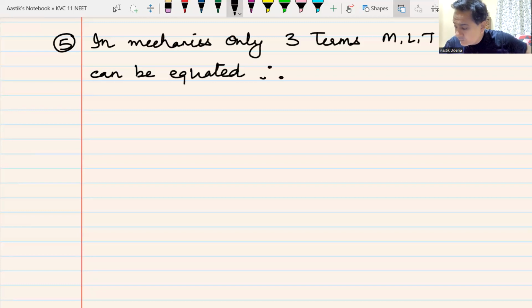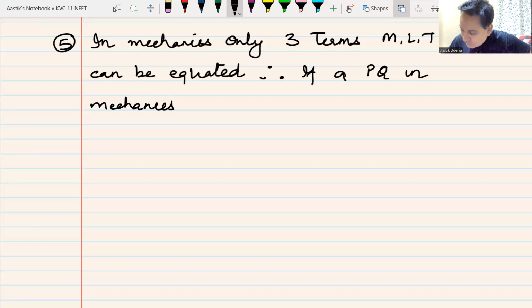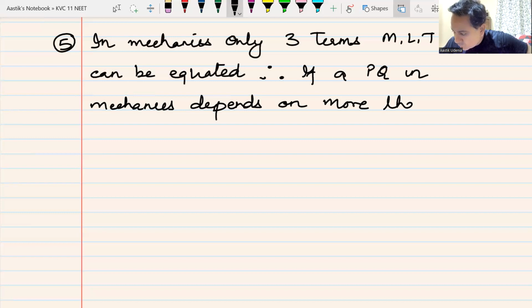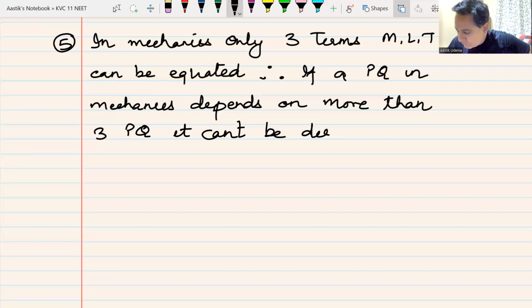Therefore, if a physical quantity in mechanics depends on more than 3 physical quantities, it can't be derived using dimensional analysis.